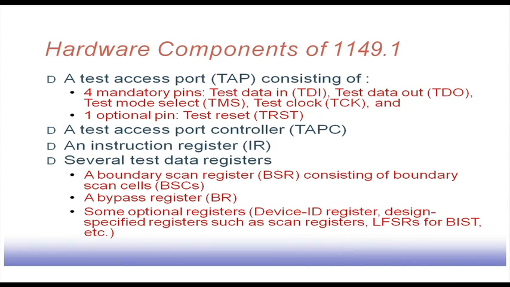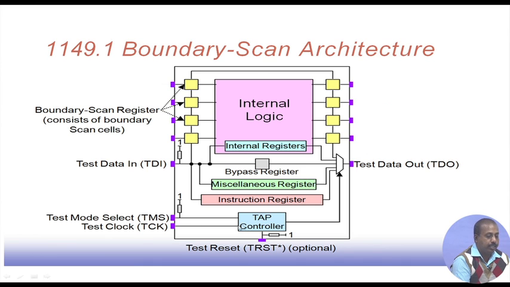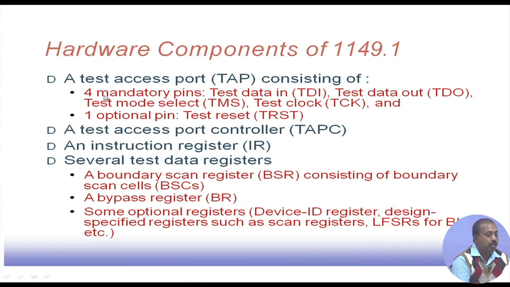So, the hardware components of 1149.1 consist of one test access port. This is the test access port that we have. The test access port has got a number of signals. These 4 pins are mandatory: test data input, test data output, test mode select, and test clock.